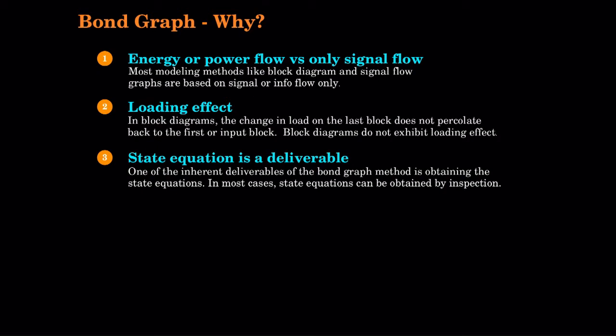That is the important thing. You do not need to do very large derivations. Just by inspection, with practice you should be able to read out the state equations looking at the bond graph picture. Okay.